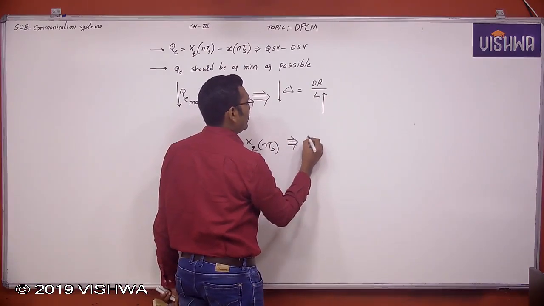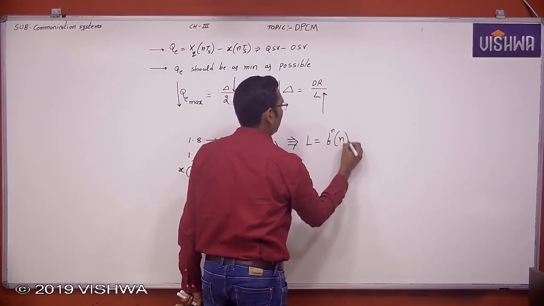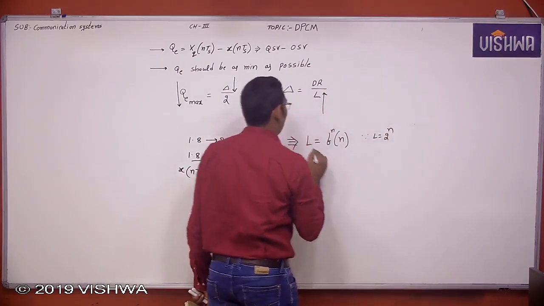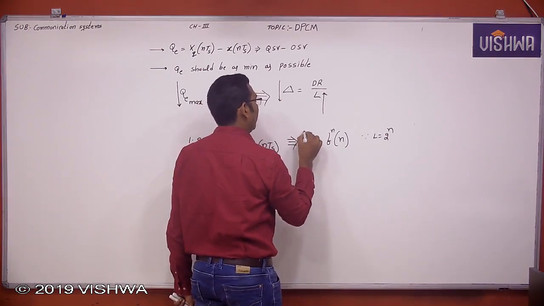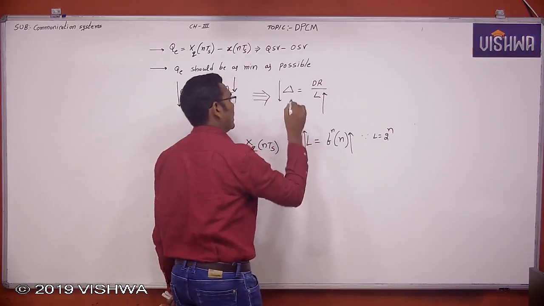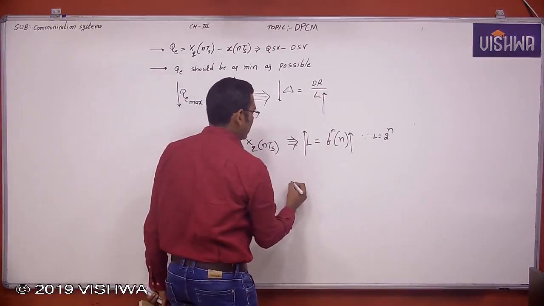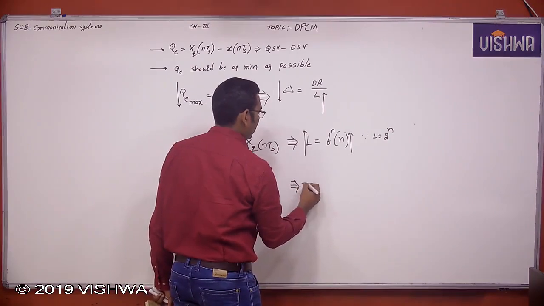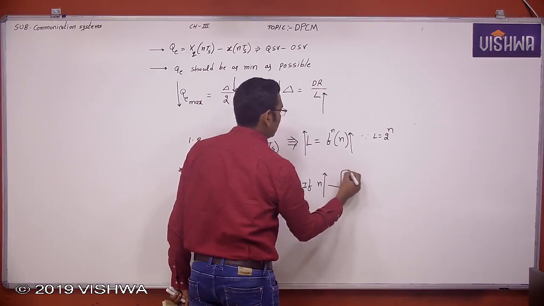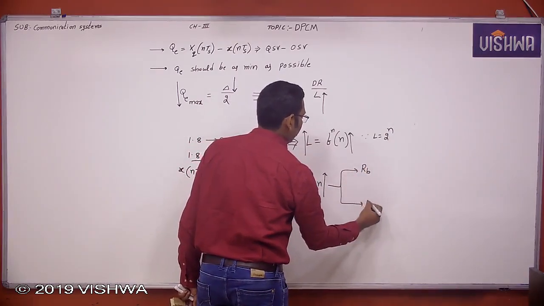If you want to increase the L value, you know that L is a function of n, because L equals 2 power n. If you increase the L value, n should be increased. When n increases, L is increased. So if n increases, what happens? The bit rate and bandwidth increase.